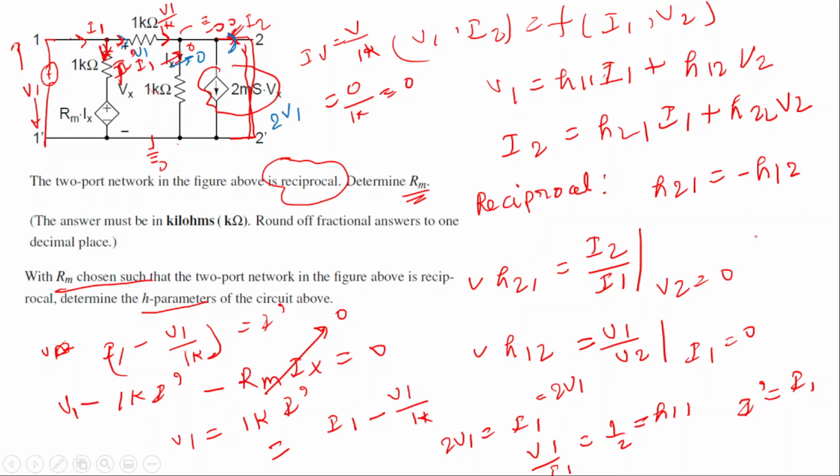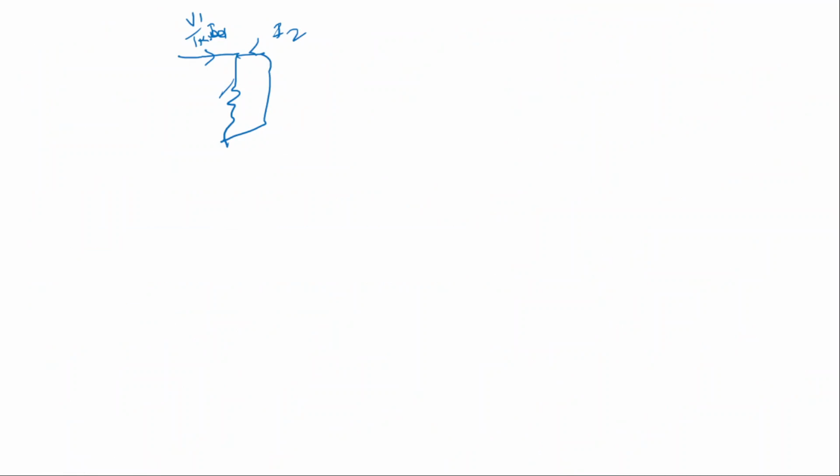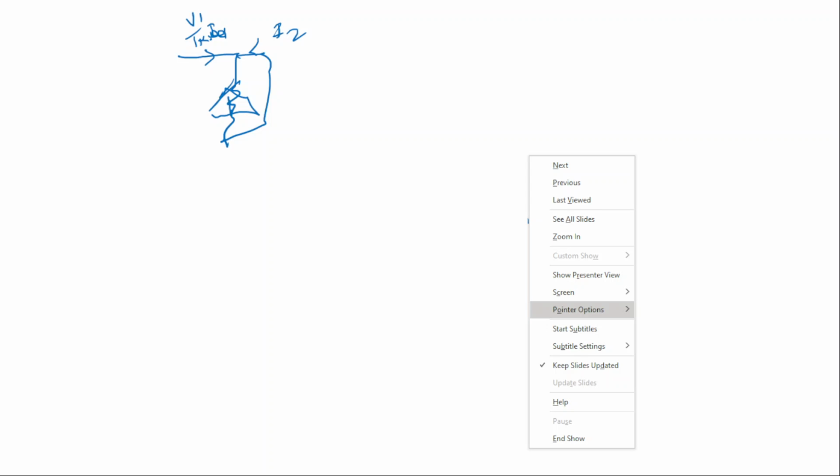So the network is like this. This is a short circuit, so this is I2, and this is I1. The current in this branch is V1 by 1k, and the current in this dependent current source... let me just draw it a bit more clearly.